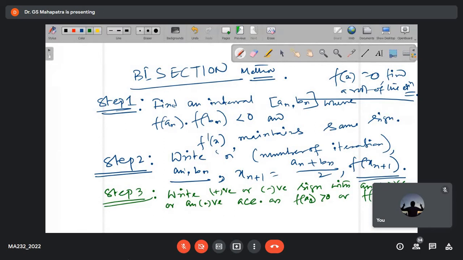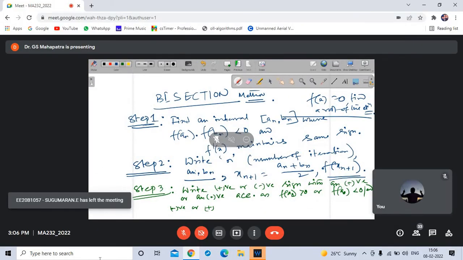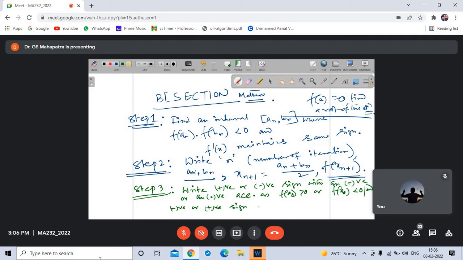And negative or positive, whatever I have actually discussed, that one only we are writing in mathematical term or in words. Sign with bn, as bn negative or bn positive.